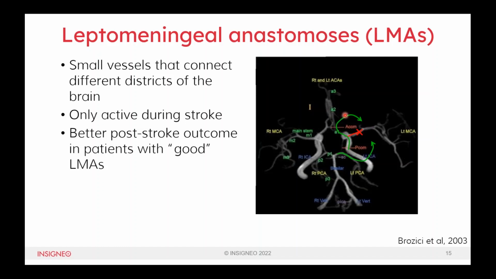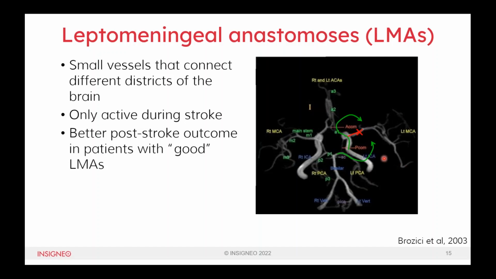So you can imagine that knowing how effective this network of small vessels is would be very important for stroke management. If doctors knew how well this network is working, they could have an idea of what the level of perfusion is here and what the status of the patient is.